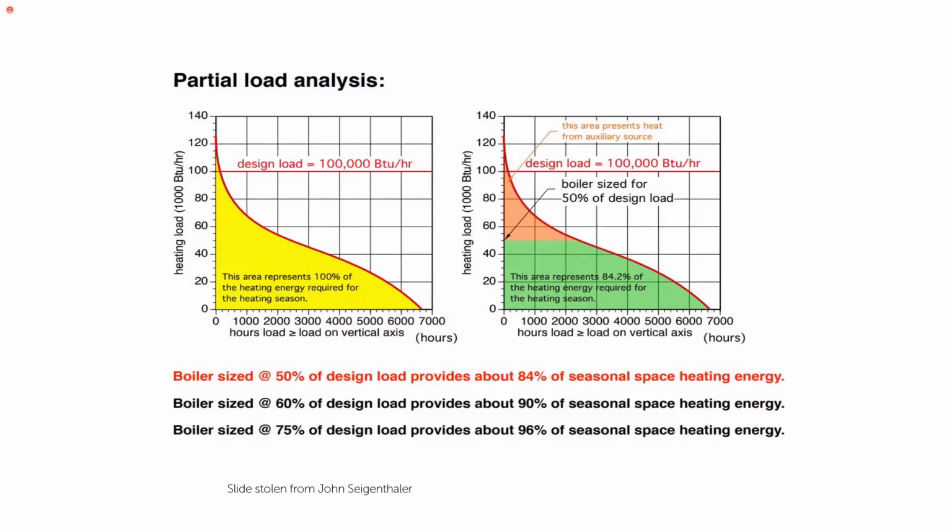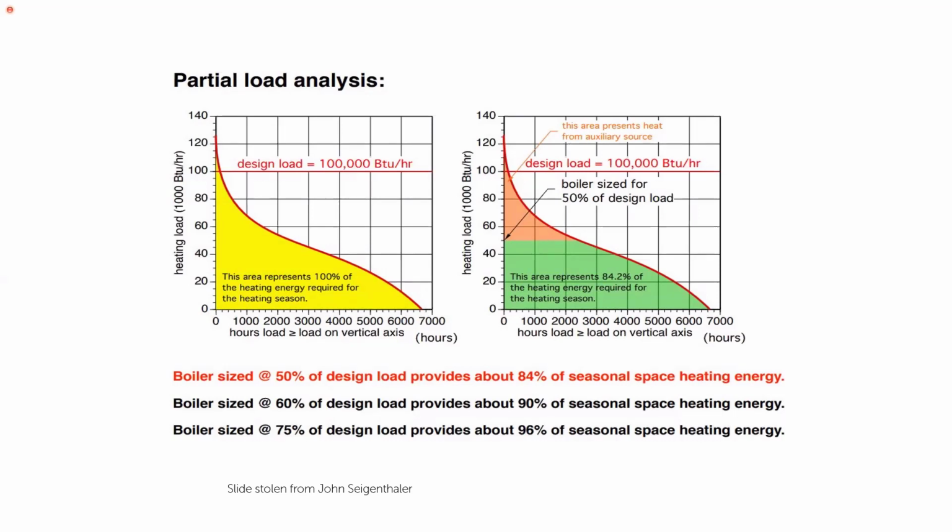So these charts are showing essentially what the heating load would be on a building annually, with the number of hours on the bottom for temperature within a certain range, and then the actual heat load on the vertical axis here. So if we're looking at the left square here, this shows the total heating load on the building for the total year.